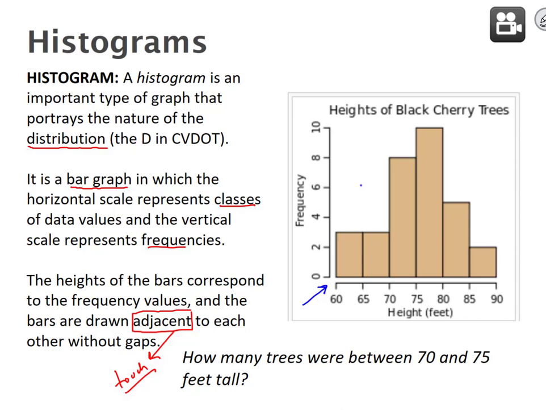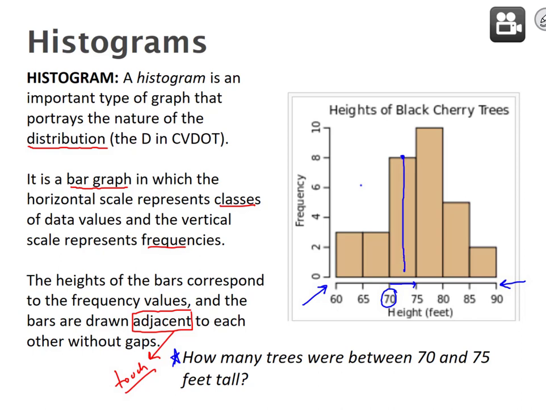The question on the slide says, how many trees were between 70 and 75 feet? And so all we have to do is find the 70, which evidently is the lower class limit. All of these appear to be lower class limits, starting with a tree of 60 feet and going up. The trees that start with 70, this particular class goes until 75, so we're only counting the height of one bar.